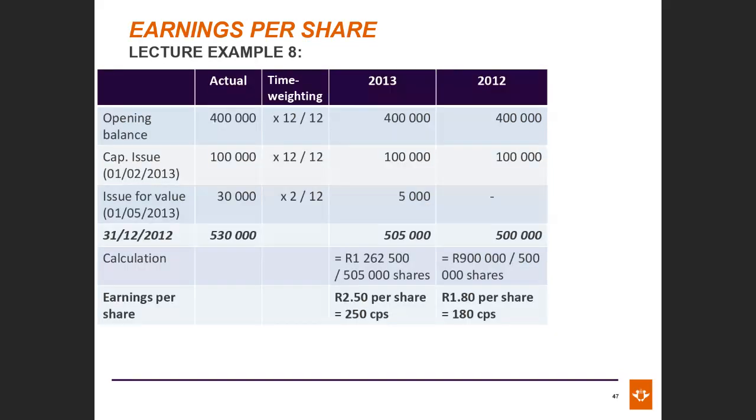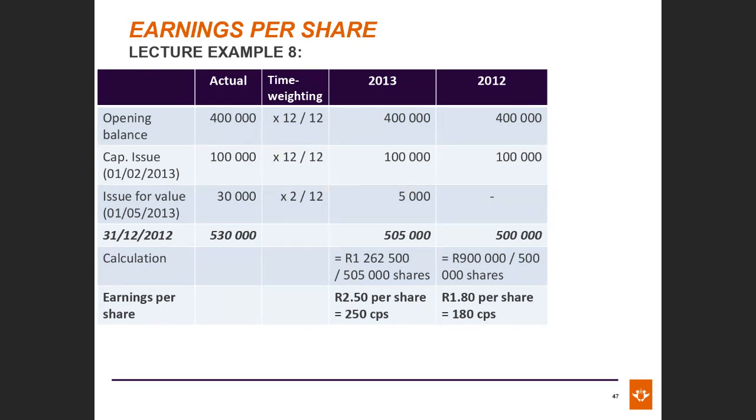Then if we go to the next slide where we need to calculate our earnings per share, okay, we have an opening balance here. So we have just calculated our preference, we have just calculated our basic earnings here. So now we need to calculate the weighted average number of shares.